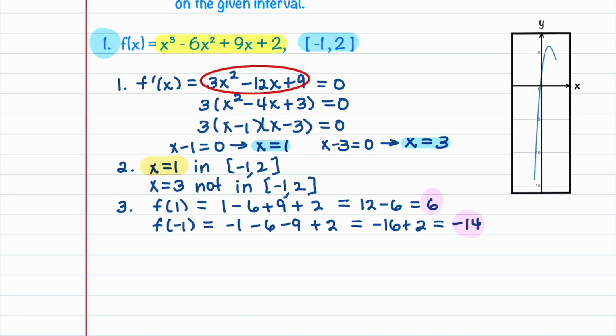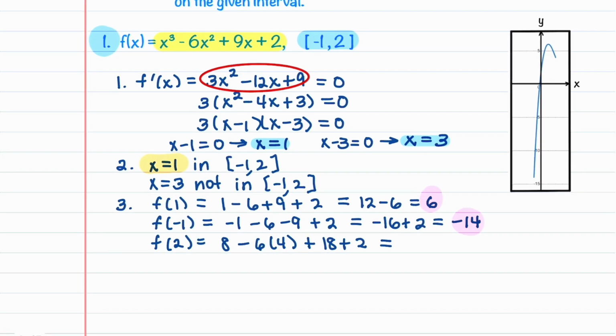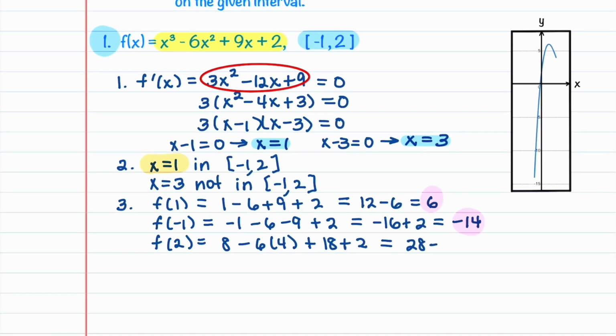That's a number that we have to compare. And now we have one more, our other endpoint, which is at 2. So f at 2 is 2 cubed, which is 8, minus 6 times 2 squared, which is 4, plus 2 times 9, which is 18, plus 2. So this is 28 minus 24, so that is 4.